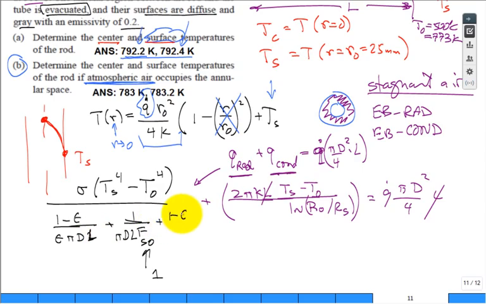Plus 1 minus epsilon over epsilon pi d outer L. Okay, that d outer was 60 millimeters. This d and that d are 50 millimeters. So you have to keep track of your diameters. You've got the inner diameter, you've got the outer diameter. So basically those L's cancel. This emissivity was 0.2, 0.2, 0.2. View factors 1. I have an equation.